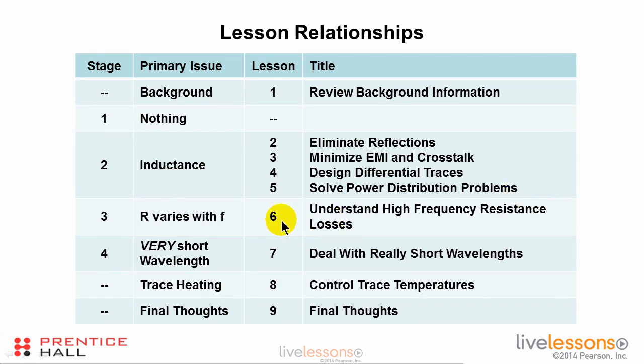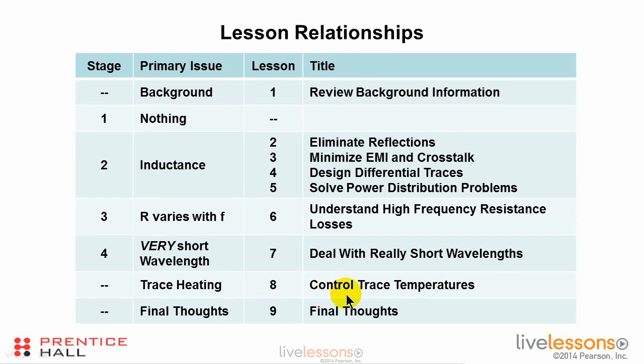Lesson 6 deals with resistance varying with frequency, skin effect, and dielectric losses. Lesson 7 deals with what happens when we have really short wavelengths. How do we deal with vias that are longer than the critical length, and so on. Lesson 8 deals with the relationship between trace current and temperatures.